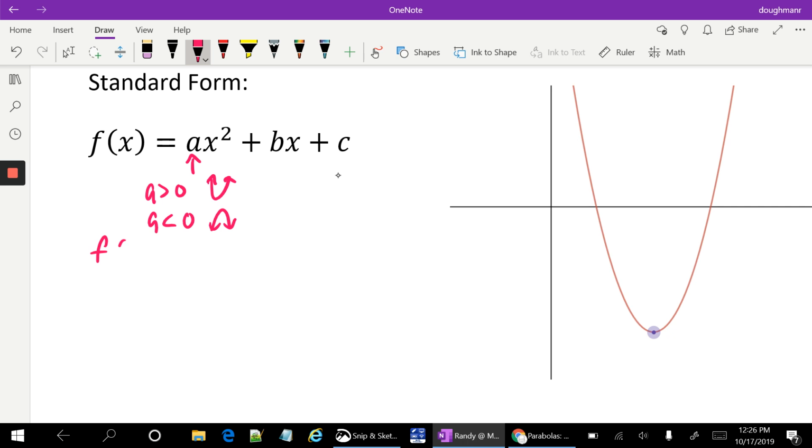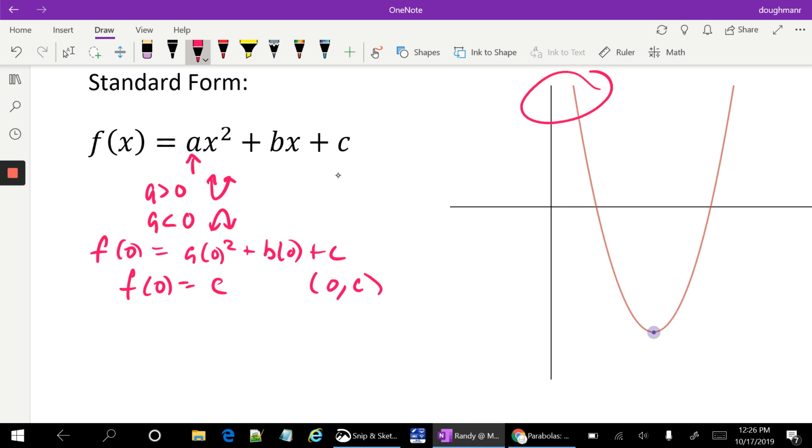Well, how about f of 0, right? So f of 0, if we put in a 0 for x, you'll find that f of 0 equals c, or the point (0, c) is on my graph. If we follow that parabola up, we will see that it'll cross the y-axis at c. So we know some things right away from looking at the equation.